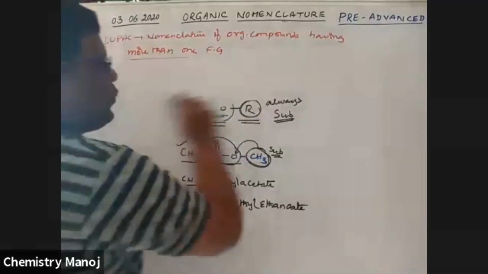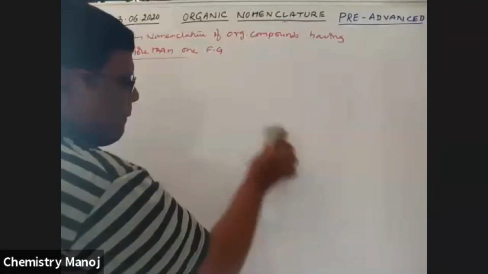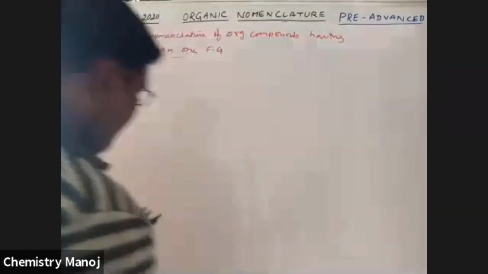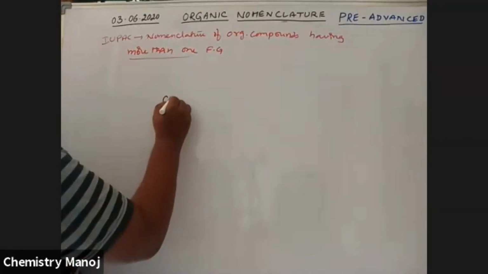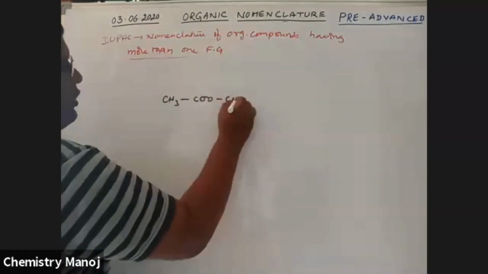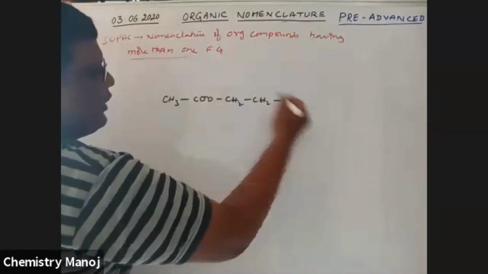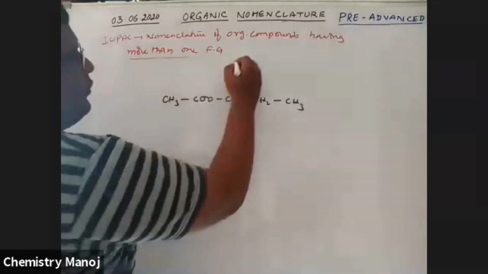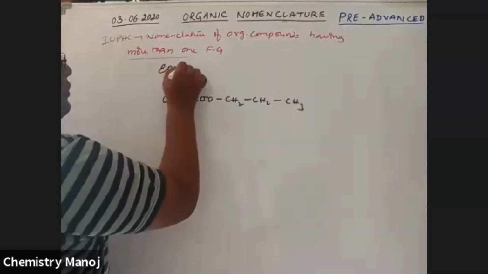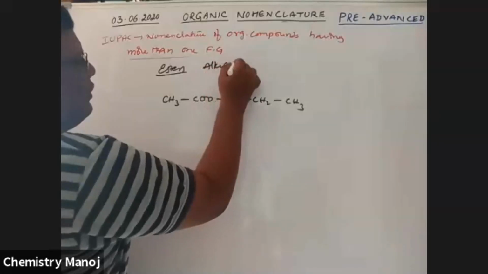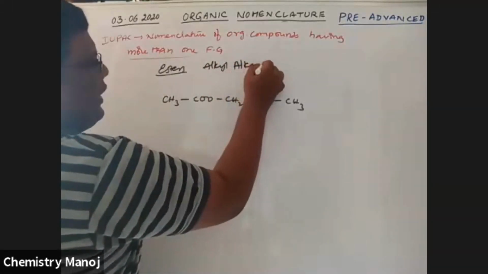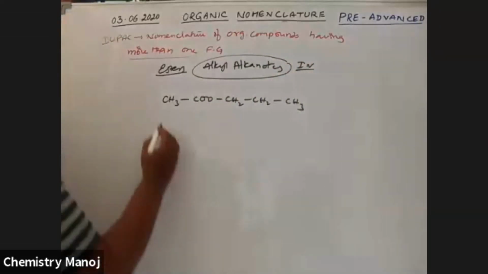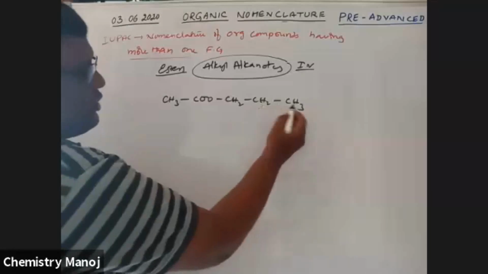One more example. CH3 COO CH2 CH2 CH3. For esters, the IUPAC name is alkyl ANOATE.